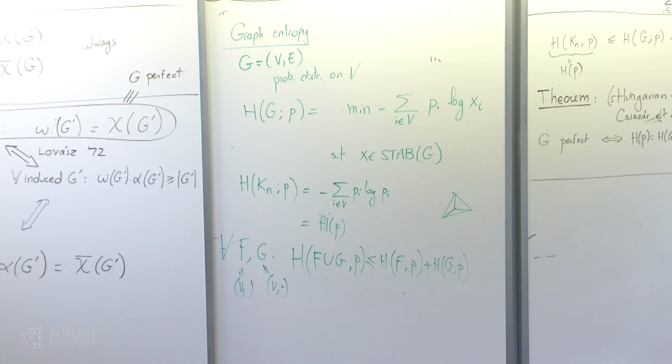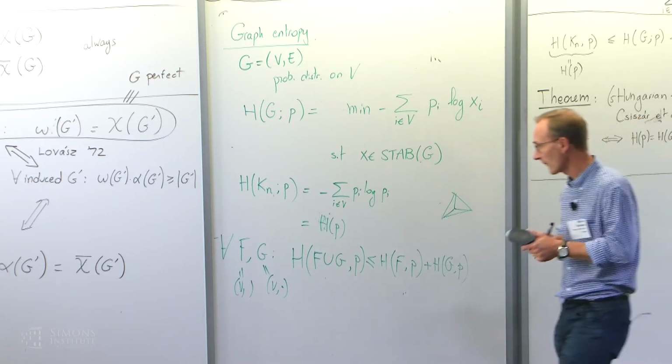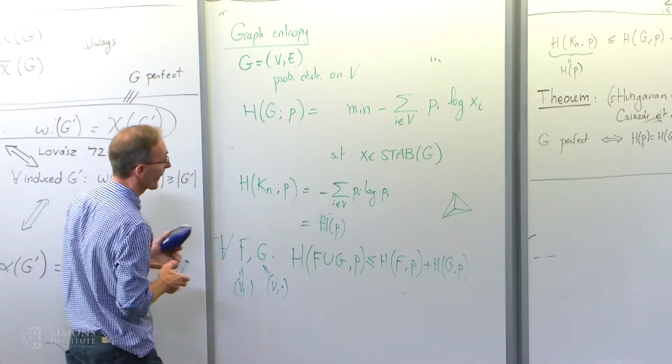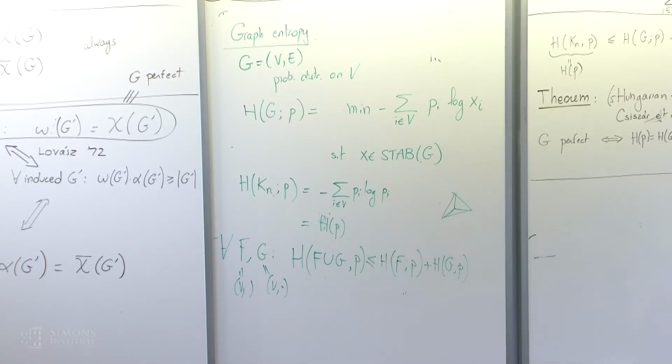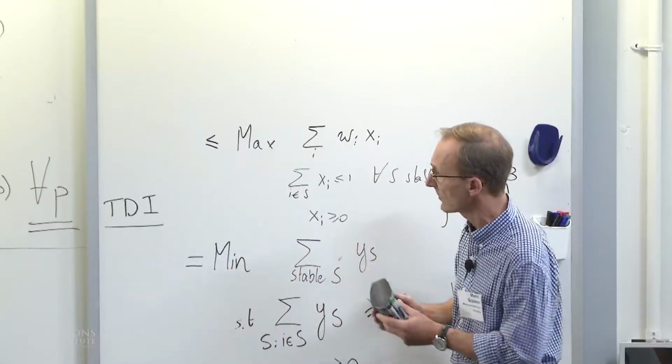Let me move to a different topic briefly. What we did was we obtained some min-max relations, and one thing that was important in the proof, as I said, was the integrality in the dual.